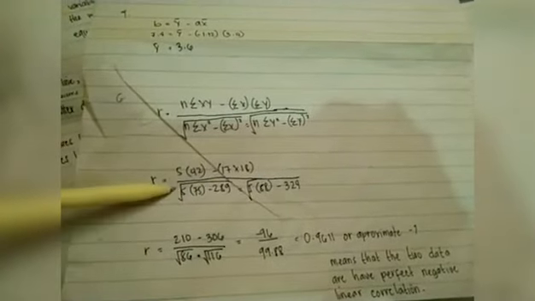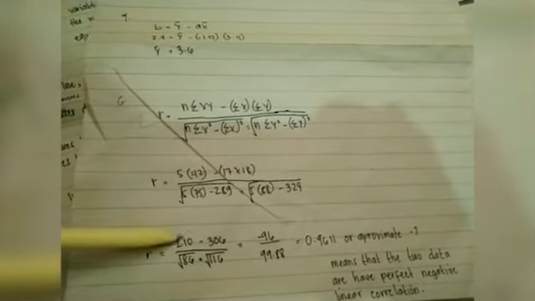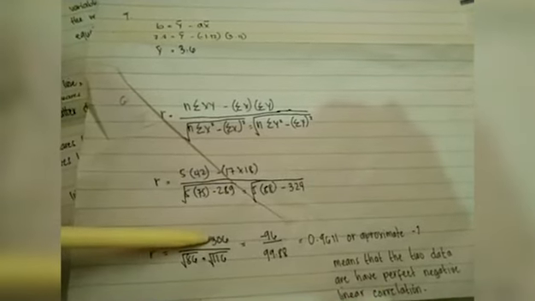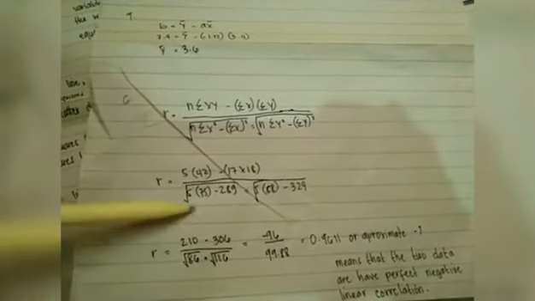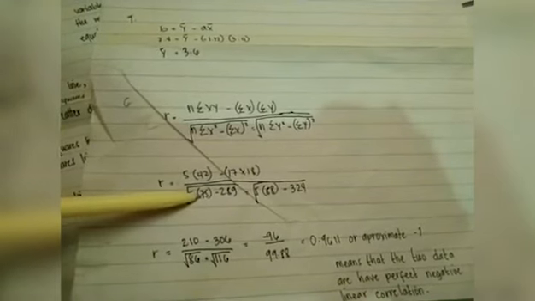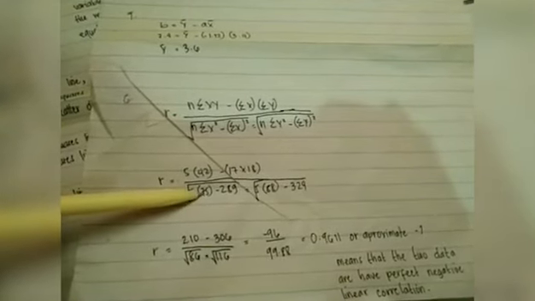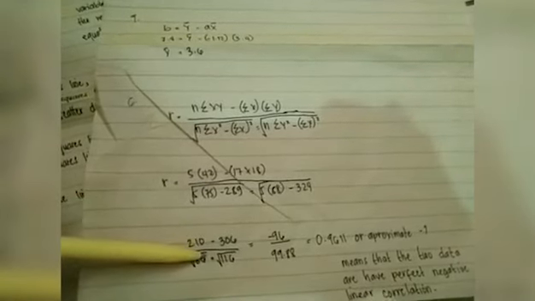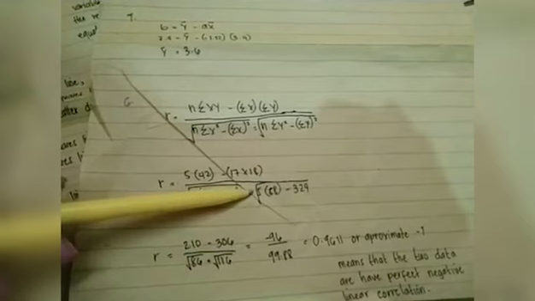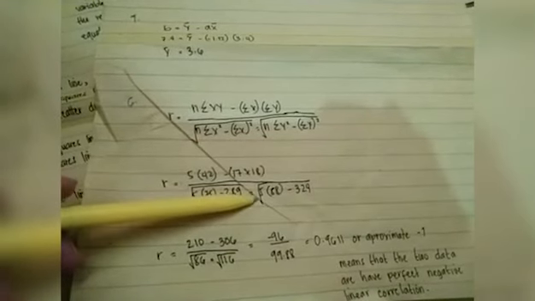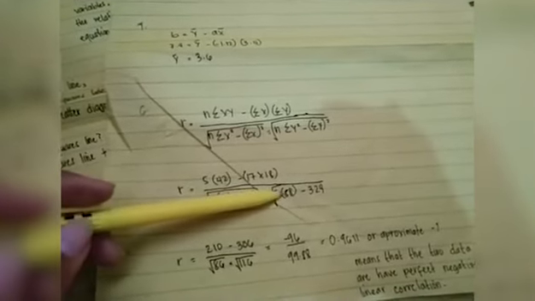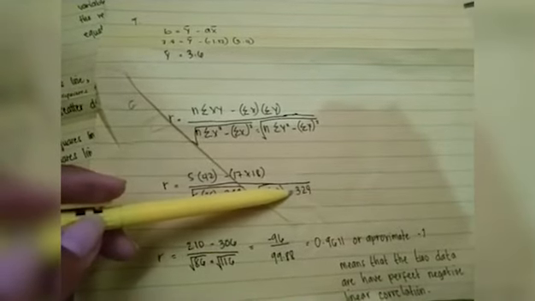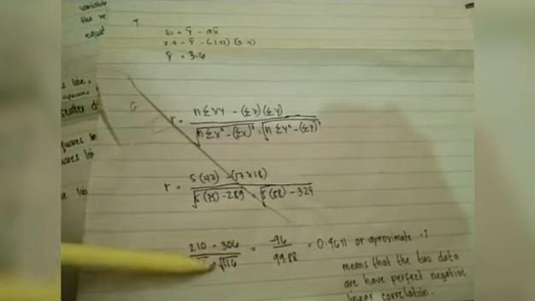So 5 times 42 is 210, 17 times 18 is 306, 5 times 75 is 375 minus 289 is 86. So 5 times 88 natin is 440 minus 324 is equals to 116.